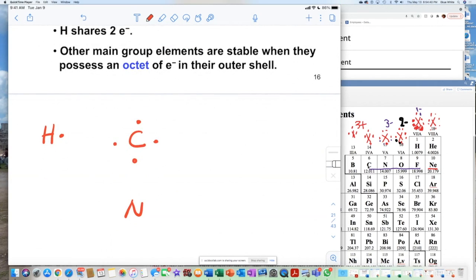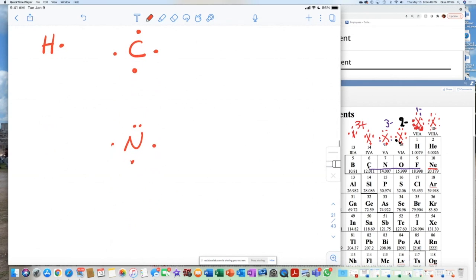Nitrogen is in group 5, so we start off with 3 unpaired electrons. Then we have oxygen in group 6, so we start off with 2 unpaired electrons. Then we finally end up with fluorine in group 7. We start off with 1 unpaired electron.